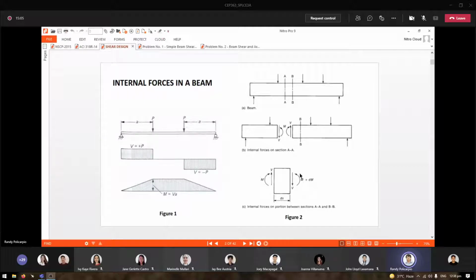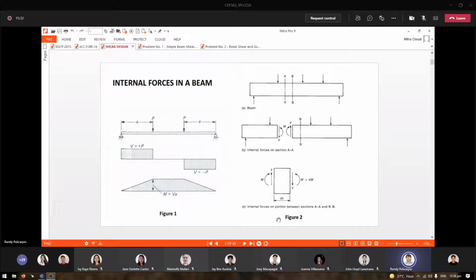And then your moment here, what will it be? It will be M plus dM. Your internal moment here will be M plus dM. Why do you have plus dM? Because there is already a change in moment due to the distance dx.